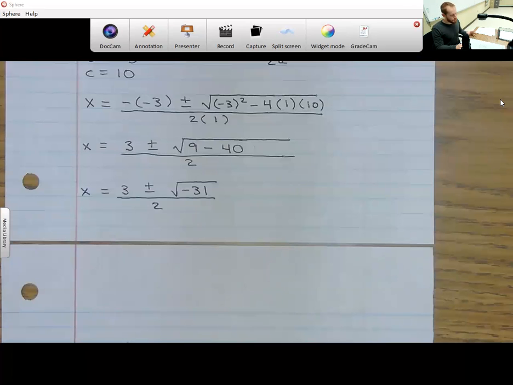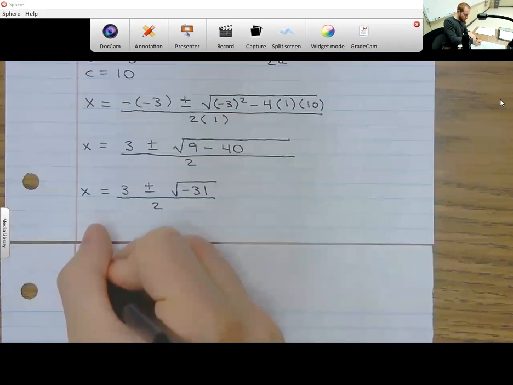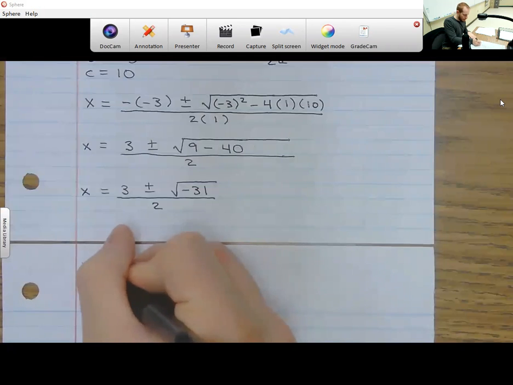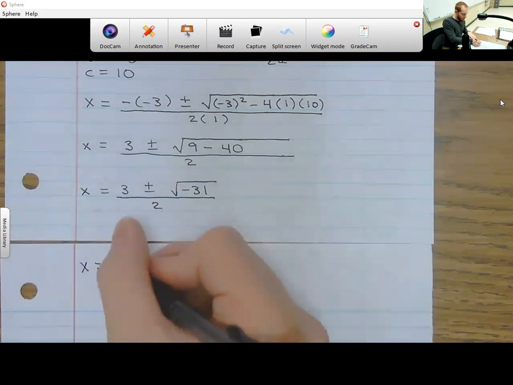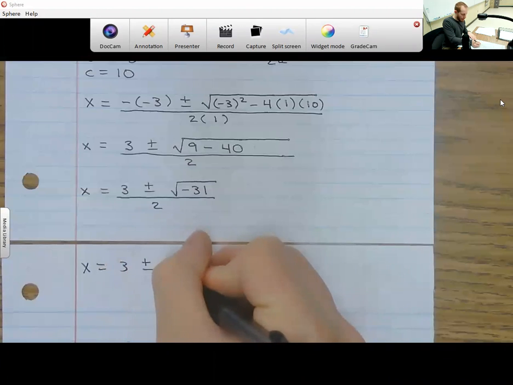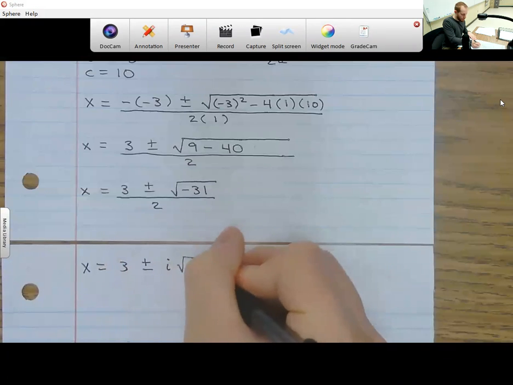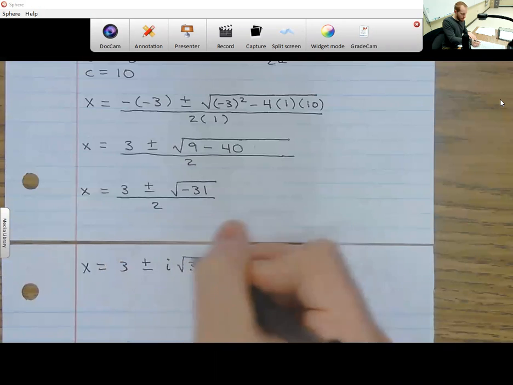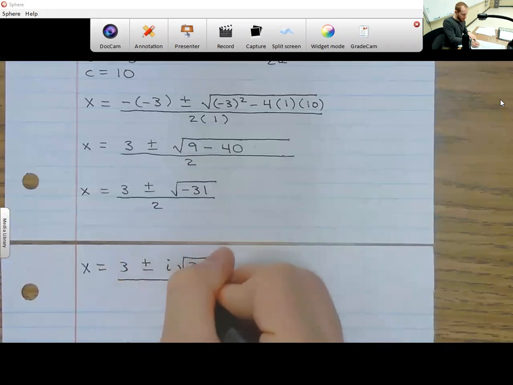But if you remember from complex numbers, if you have a negative number under the radical, you can bring out the negative as I, right? So that's what I'm going to do. I'm going to keep the 3 the same, and I'm going to have plus or minus I times the square root of positive 31, where everything is still divided by 2.